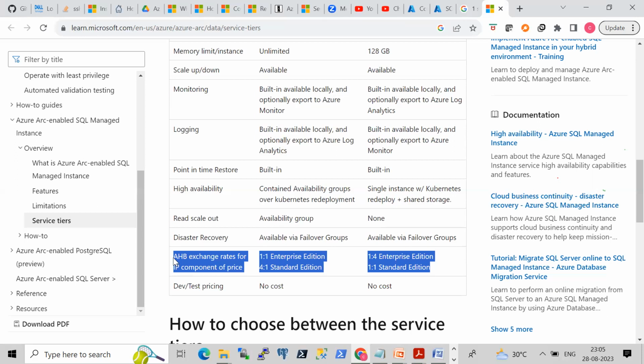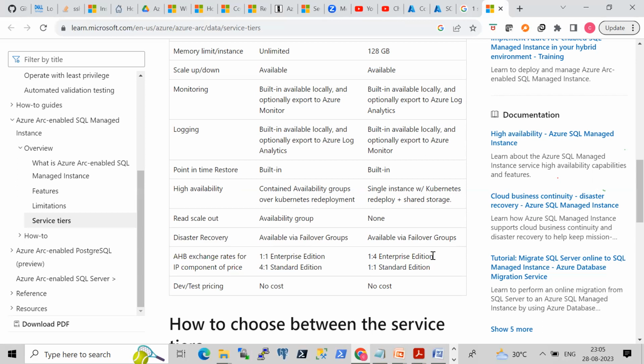I'm just giving you this information because licensing is one thing which will not be clear even for Microsoft guys. So I'm just letting you know that there is one thing called Azure hybrid benefit. As per the Microsoft official documentation page, if you have standard edition, it is equivalent to 1 general purpose, and if you have enterprise edition, it is equivalent to 4 general purpose managed instances.